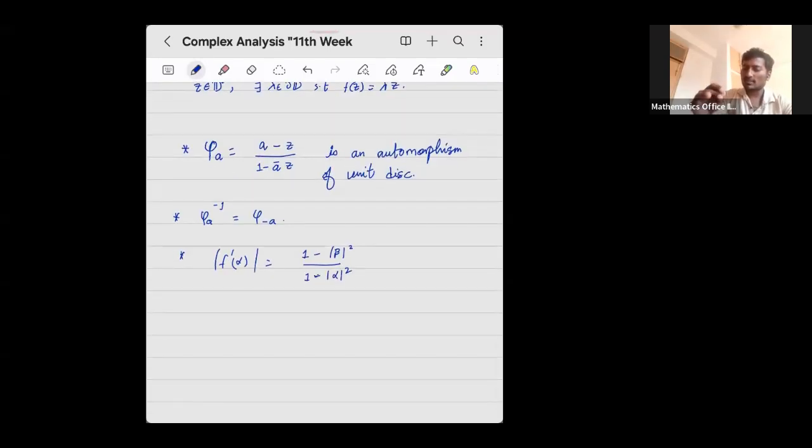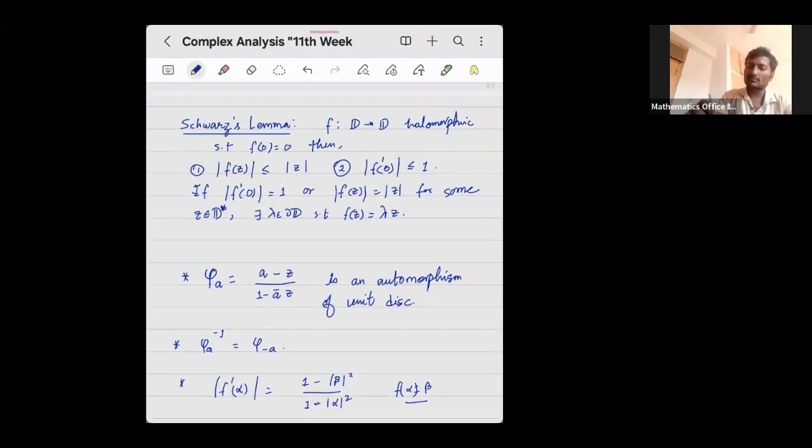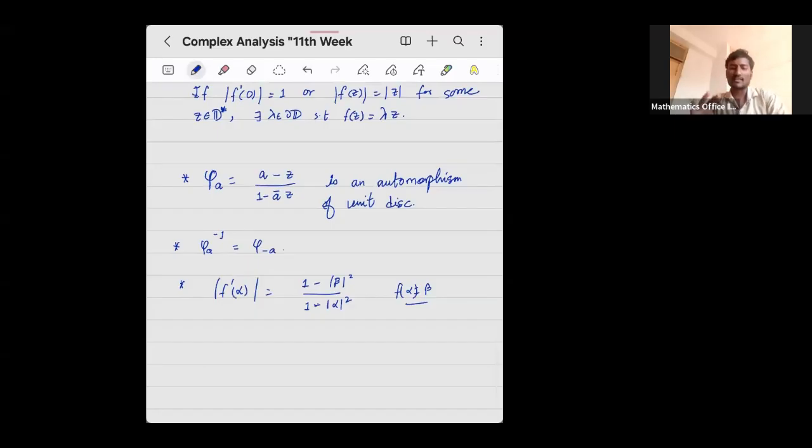We are just using the Schwarz lemma where f of alpha is equal to beta, and f maps from D to D, so there is no extra hypothesis. When f is a holomorphic function from D to D, then f prime is bounded by this number.